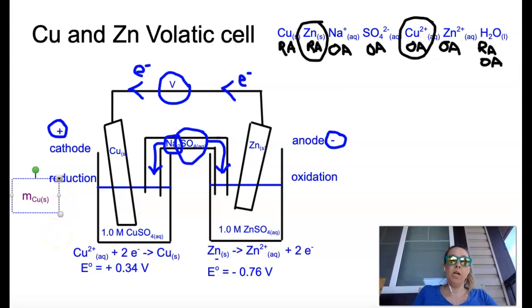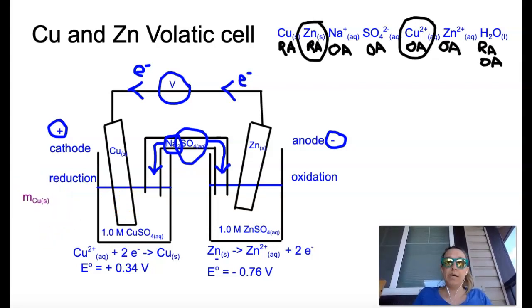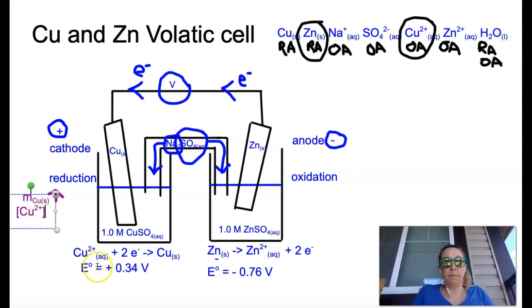So over time, the mass of my copper electrode is going to increase. Because it was a product, I am producing it, so I'm going to have more of it. When we talk about what is in our solution, we had copper ions, so we're going to talk about the concentration of copper ions. When we look at this, the copper 2+ was a reactant.